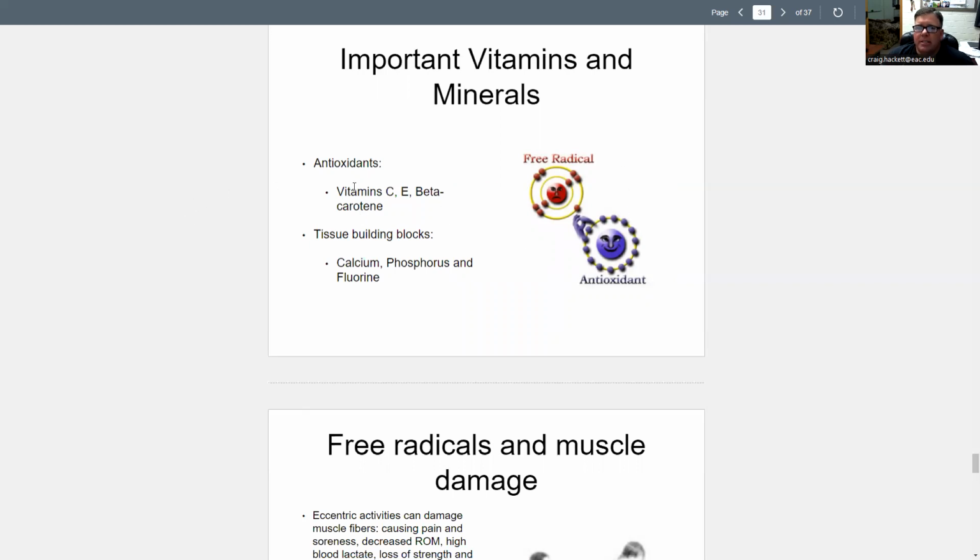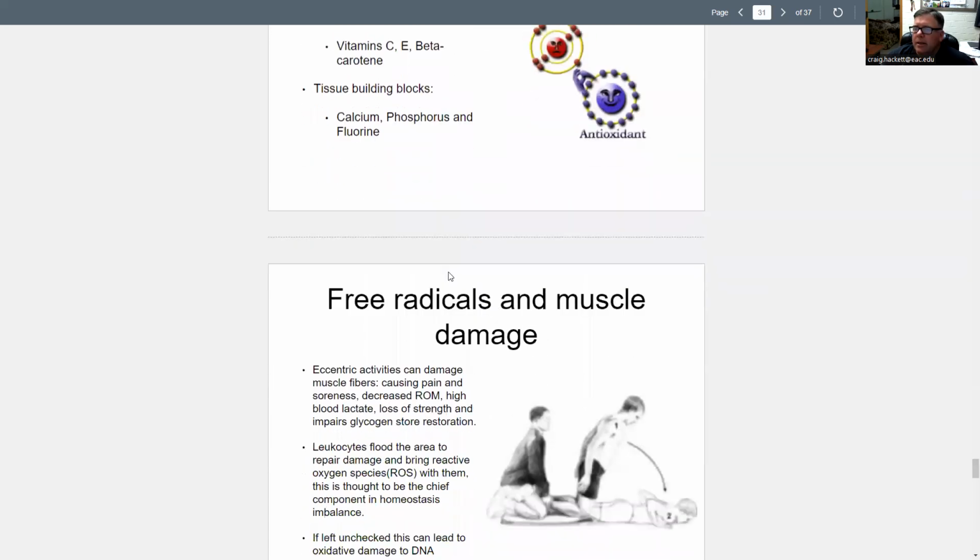We tend to create these things called free radicals. And left unchecked, free radicals can mess up our body, right? They influence cellular function. So we want to introduce antioxidants to try to combat those and to bind with them and take them out of our body so that we have smooth running, healthy bodies.